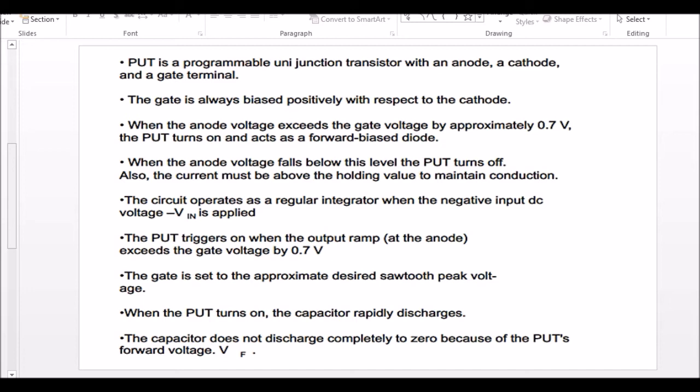So when the voltage of your cathode exceeds the value of your gate voltage, let's say roughly 0.7 volts, then your unijunction transistor is turned on, right? At that time it's forward biased, and your device is turned on and your capacitor discharges via that path, and the sudden drop will be created with the help of this scenario, right?